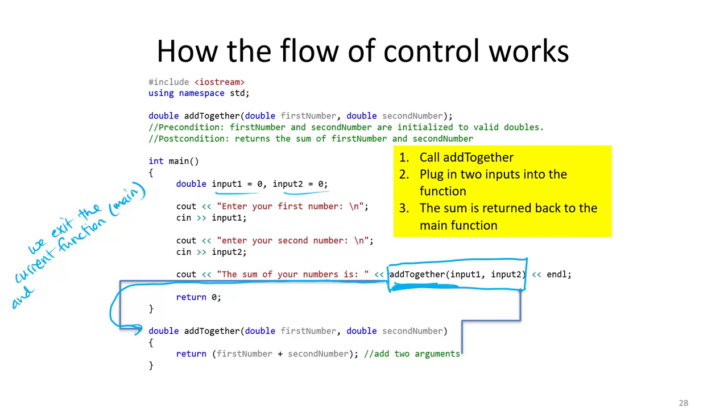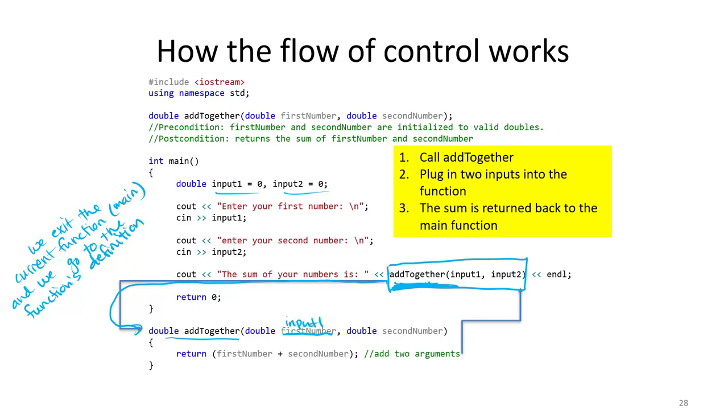Here it happens to be main. And we go to the function's definition. So here, since we've called add together, we're going to exit the main function. We're going to go over to where add together's definition is.